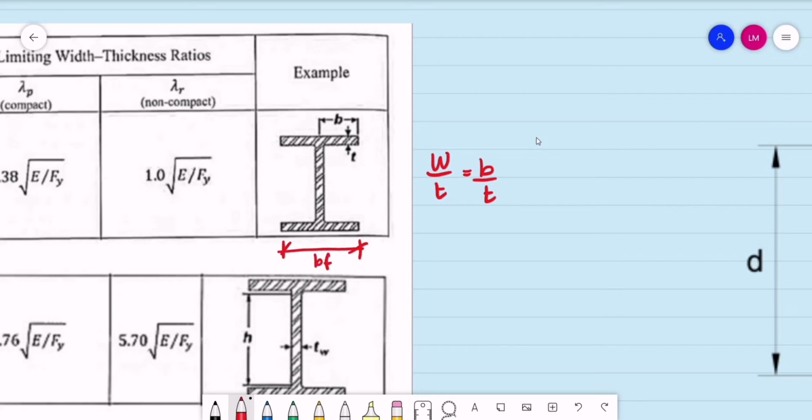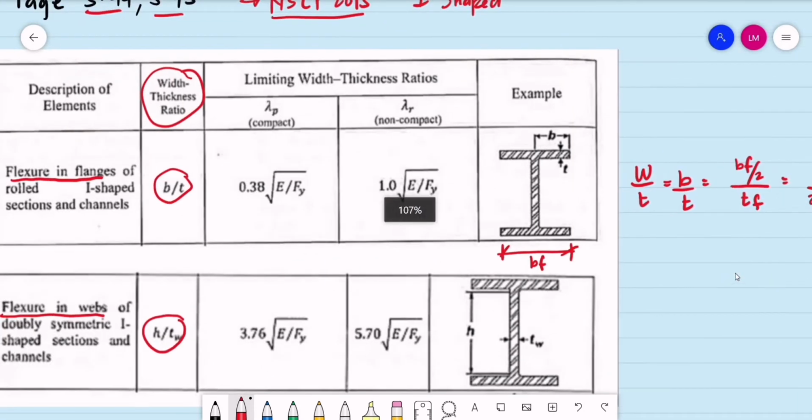So the equivalent is that the value of b is simply b sub f divided by 2, divided by, to be more specific, the thickness of the flange. So we can have it as b sub f divided by twice the thickness of the flange. That will be the width to thickness ratio for the flange.